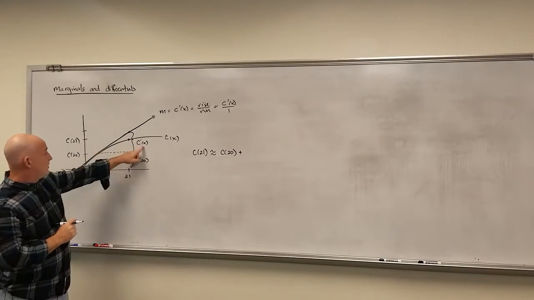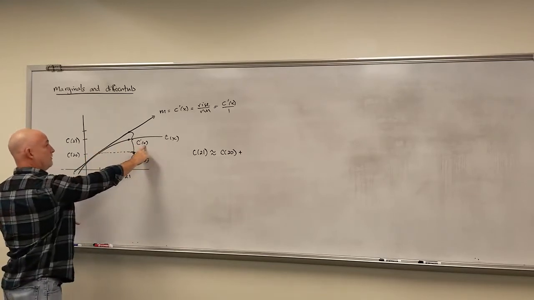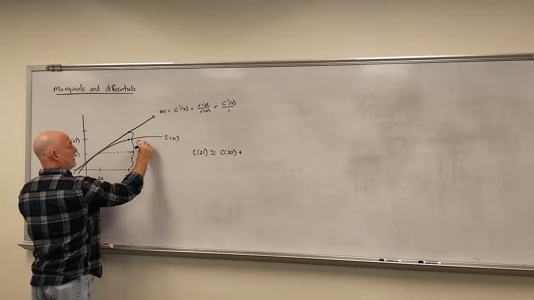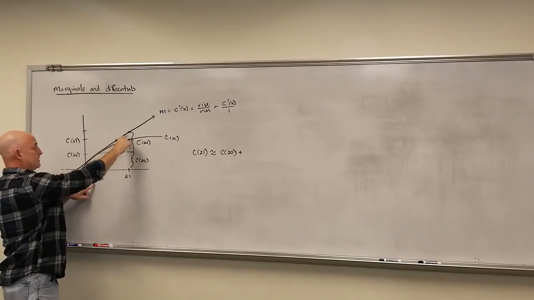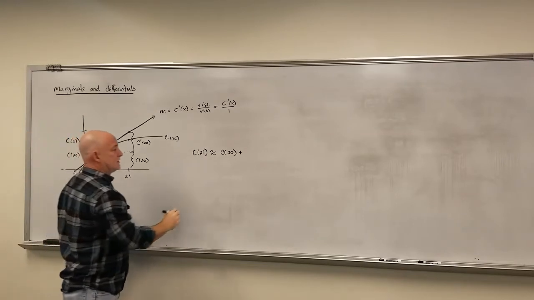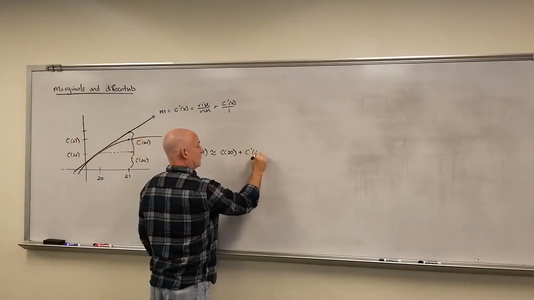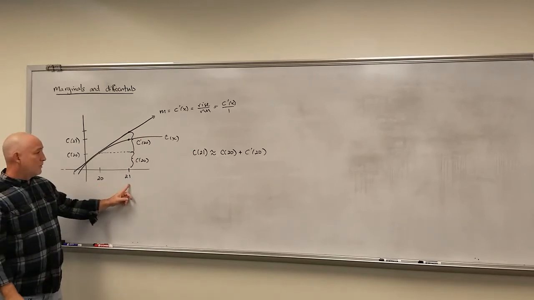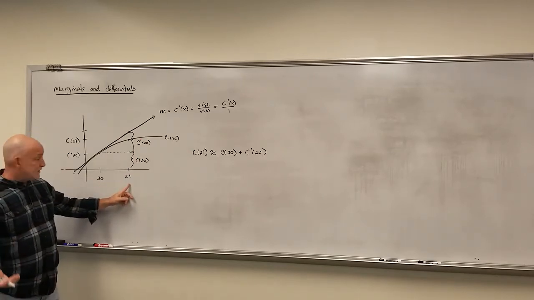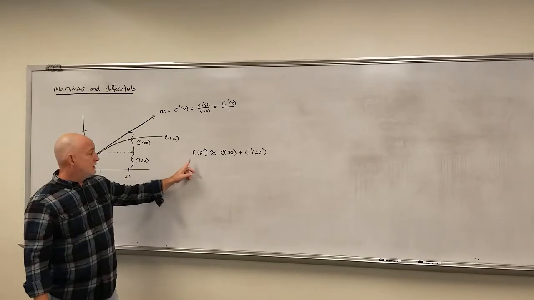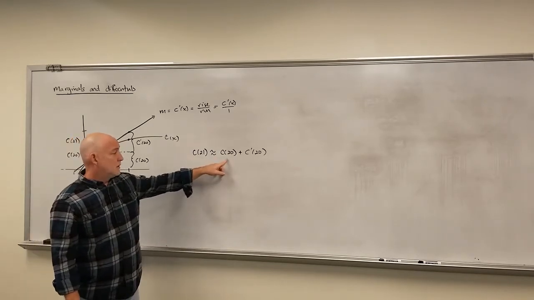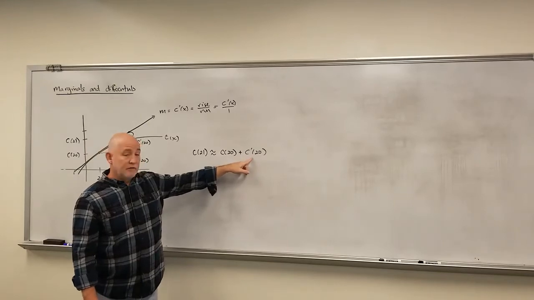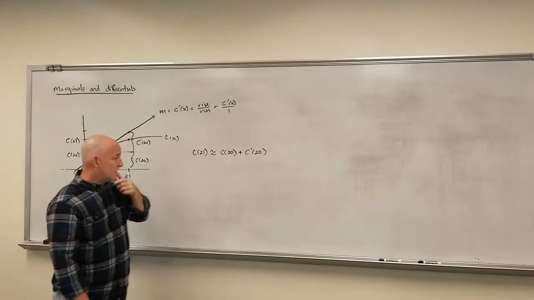Remember this right here, this was our derivative at 20. So this is actually c prime at 20, because that's the slope of the line over here. So if I wanted to know the cost for making the 21st bicycle, I could approximate that by using the cost of the 20th bike, which I would know, and the derivative of the cost at the 20th bike.